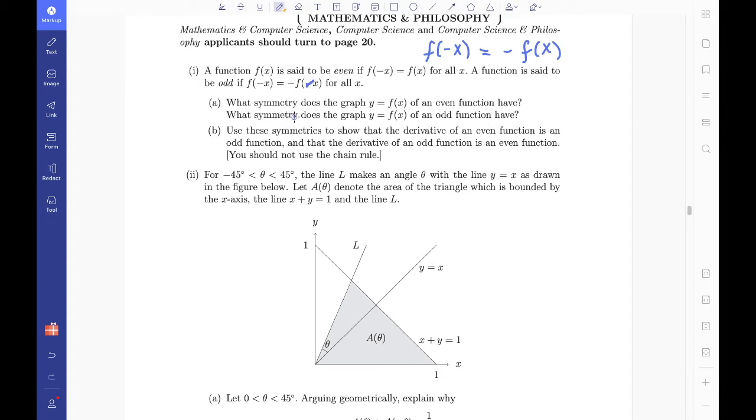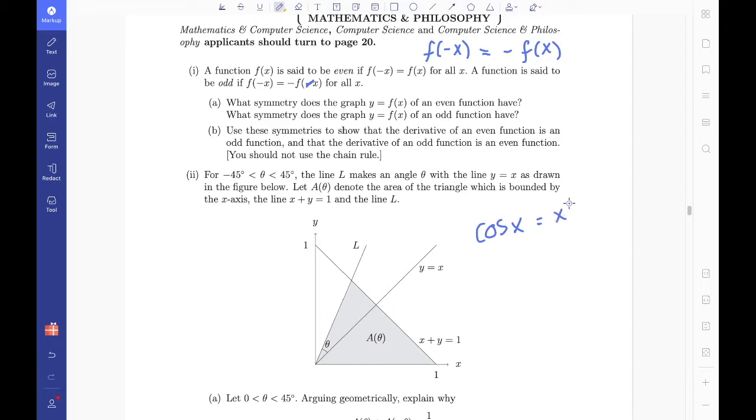What symmetry does the graph y equals f of x of an even function have? Even functions are like cosine or x squared. In fact, any x to the power of an even number is an even function, so x squared, x to the 4, etc. And that's another reason why, if you have done Maclaurin or Taylor series yet, cosine x is all of the even powers of x.